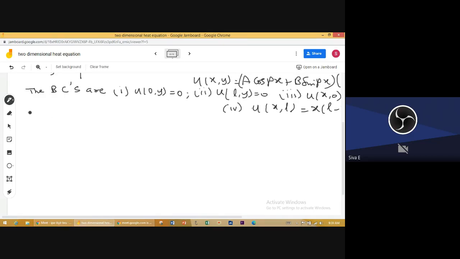Apply boundary condition 1 in 2. What is boundary condition 1? u(0, y) = 0. That is, I have to substitute x = 0.